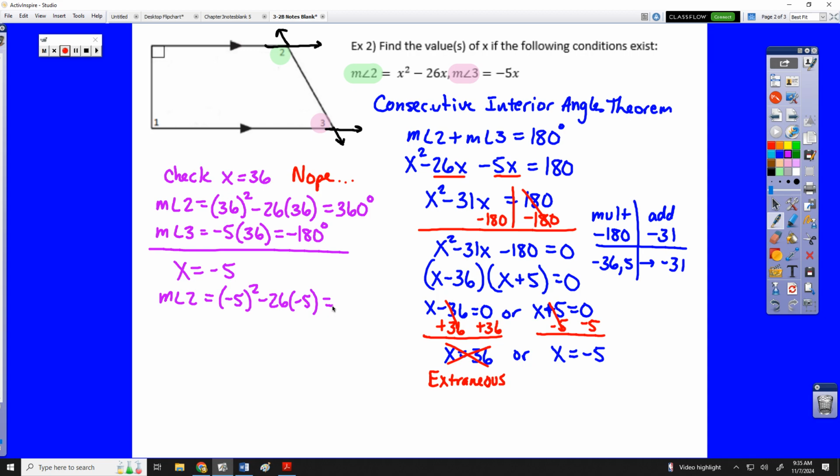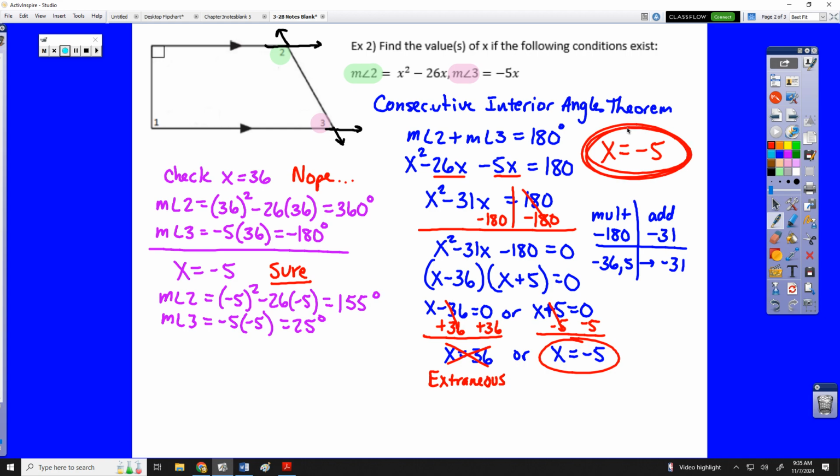Okay, so we'd feed that to our calculator, and we would get 25 plus 130, which would be 155 degrees. Angle 3 would be negative 5 times negative 5, or 25 degrees. These numbers are perfectly acceptable for this problem, so the answer is x equals negative 5.